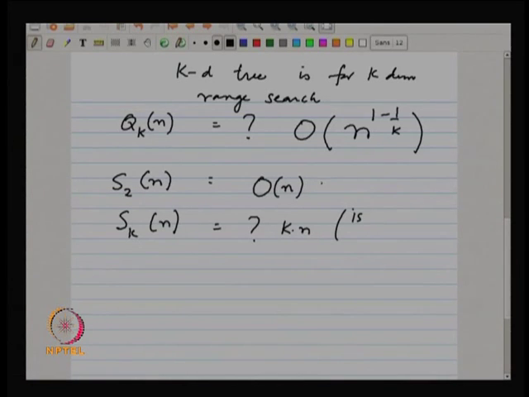Is it kn or order n? So, here a point is stored exactly once. Do you need to store a point more than once? I mean, the basic methodology that we have developed, why should we store a point more than once?